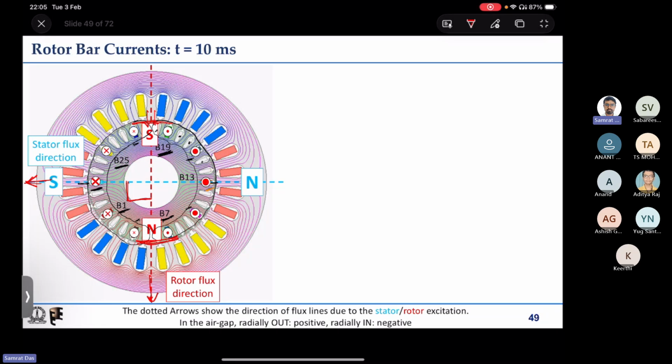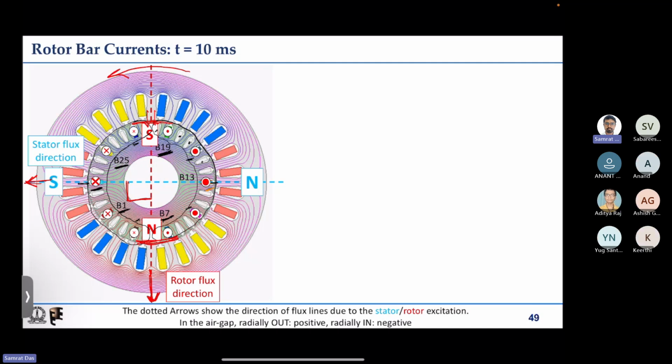Now you may be confused to think that, because the rotor is rotating in the anti-clockwise direction, as I have indicated, the rotor flux is ahead compared to the stator flux, and this is behind.